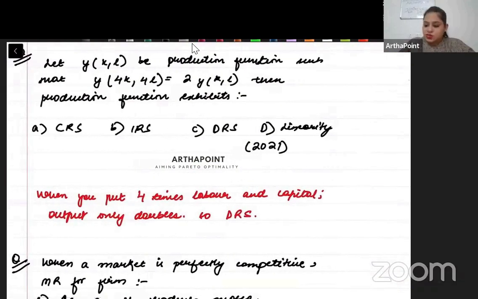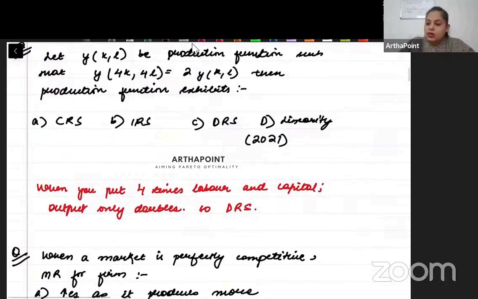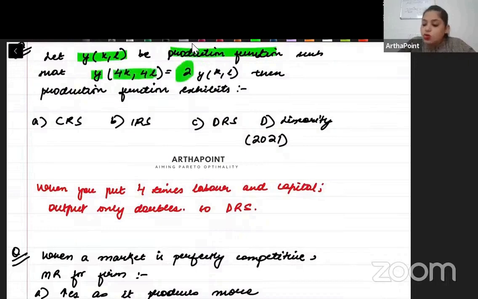Now let's come to the next question. Very good question. Y is a production function such that Y(4L, 4K) is equal to 2 times Y(L, K). Just try to understand this. It is increasing your inputs by 4 times, right? So I multiplied labor and capital 4 times each, but my output only got twice.